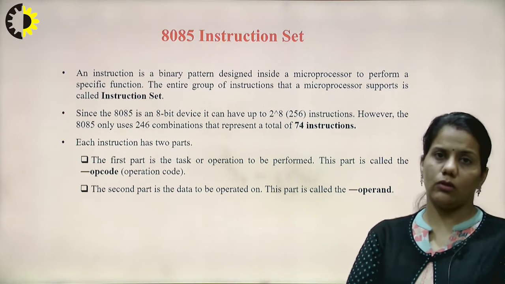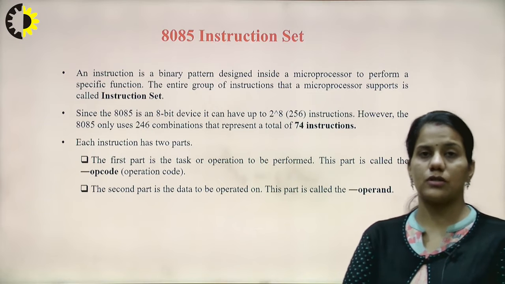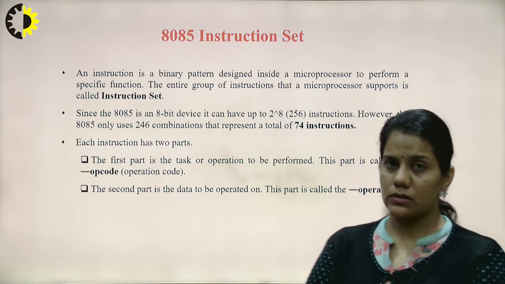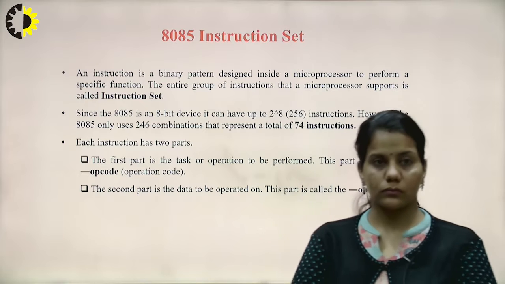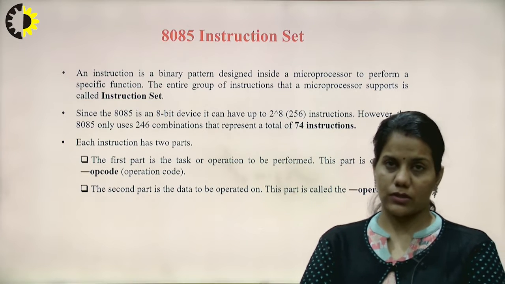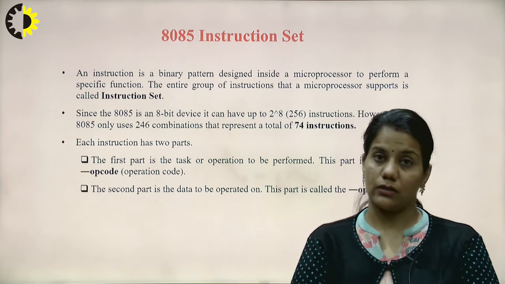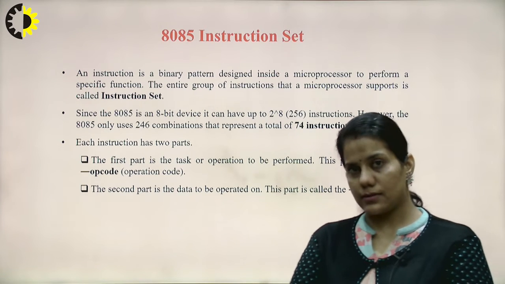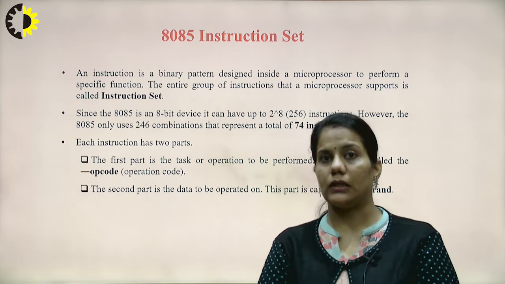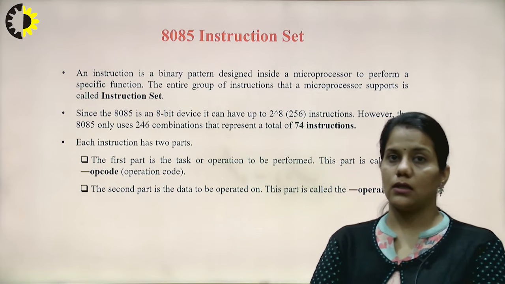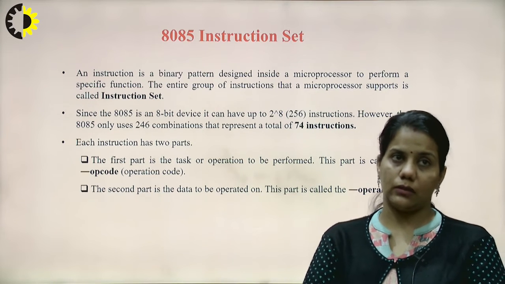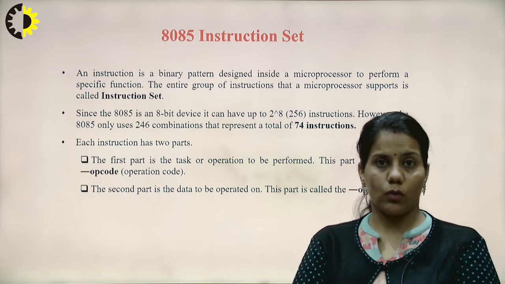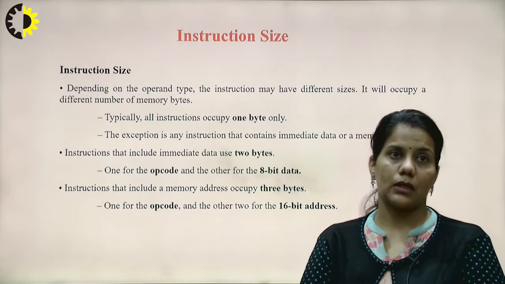The data on which the operations are performed is termed the operand. So every instruction essentially has these two parts: the opcode and the operand. In certain cases, the operand is not specifically given in the instruction; it is understood automatically. We will see this in further lectures.